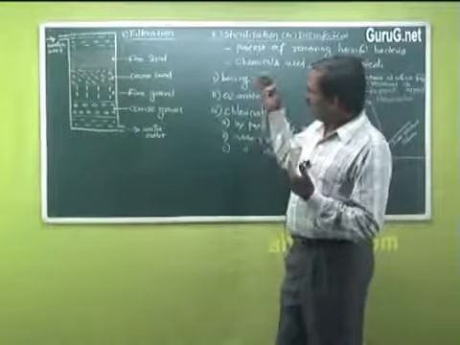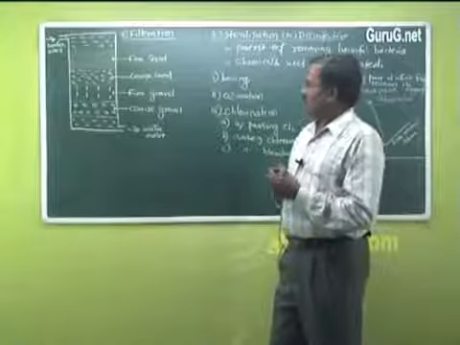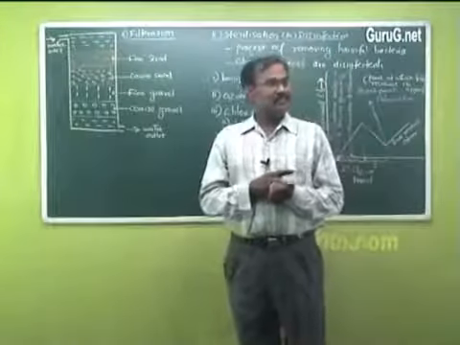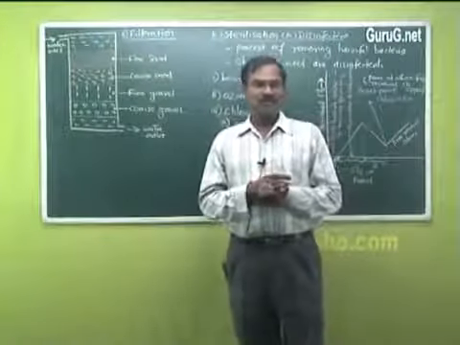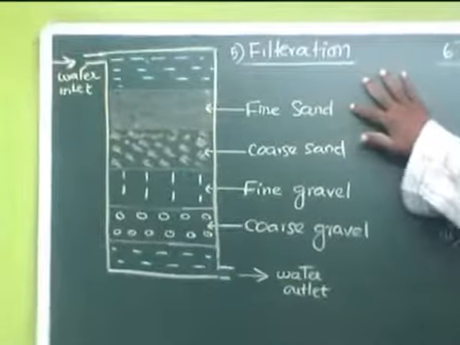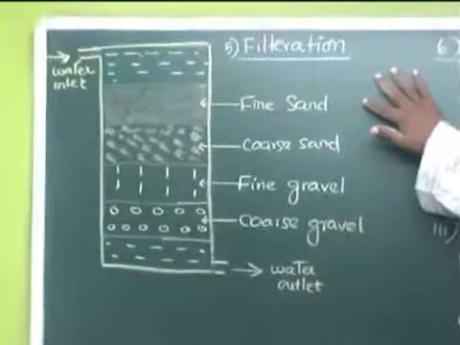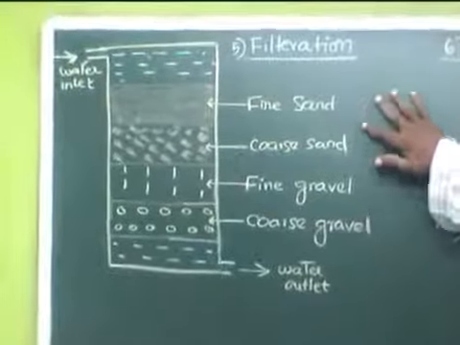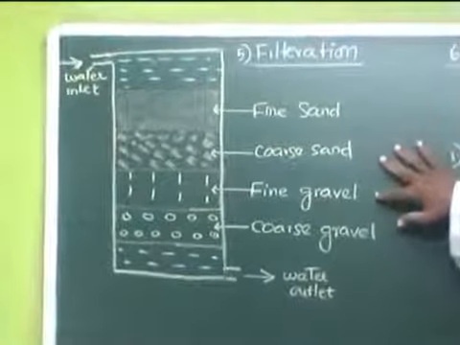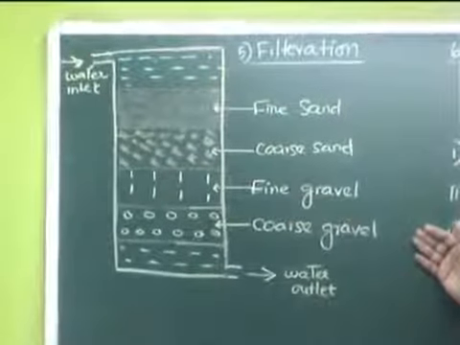So these bacteria, toxic substances and other impurities are filtered by passing the water through a filter bed as shown here in the diagram. The first layer is made up of fine sand, followed by coarse sand, fine gravel, coarse gravel. Like that they are arranged in this bed.